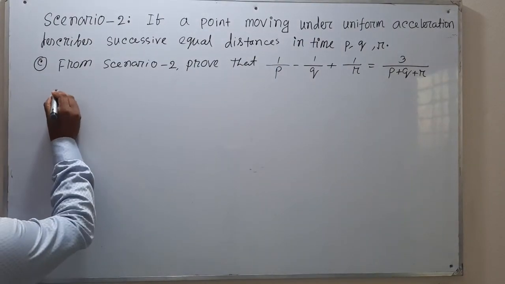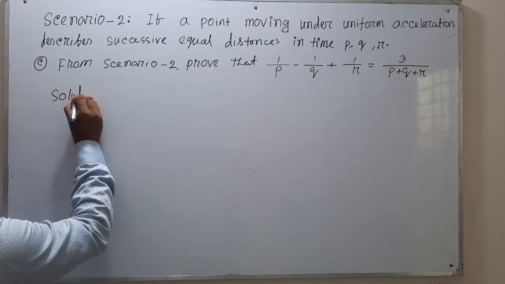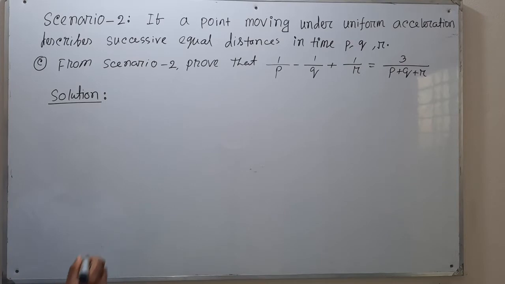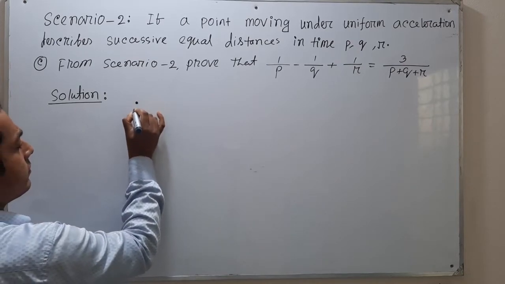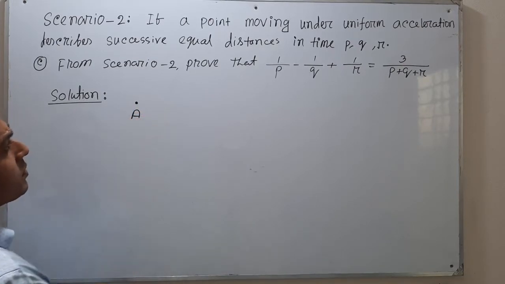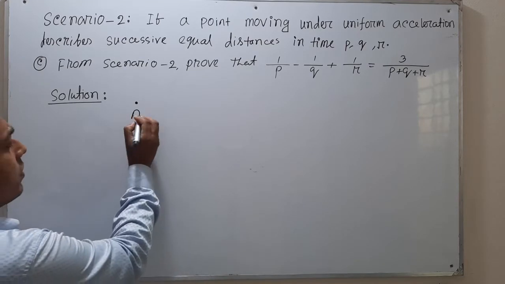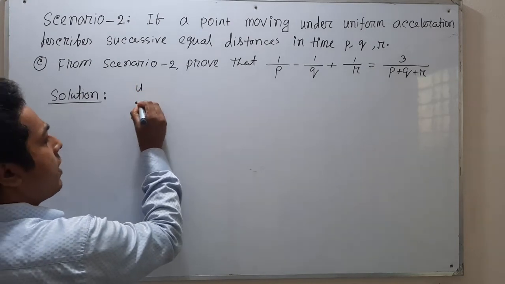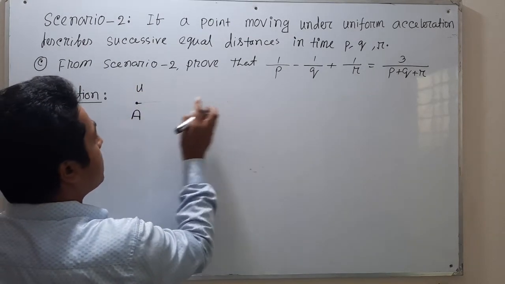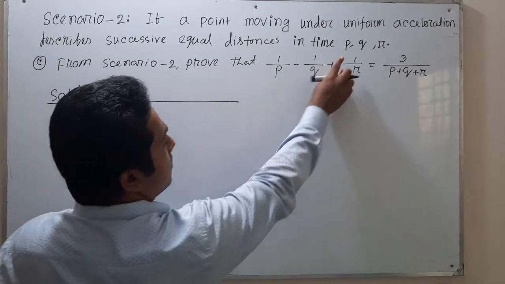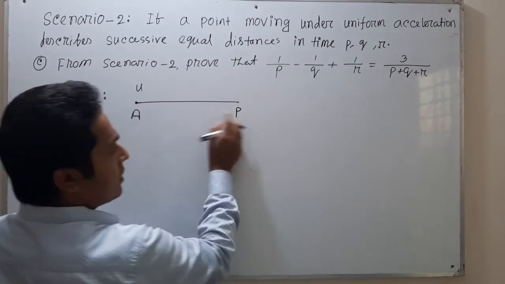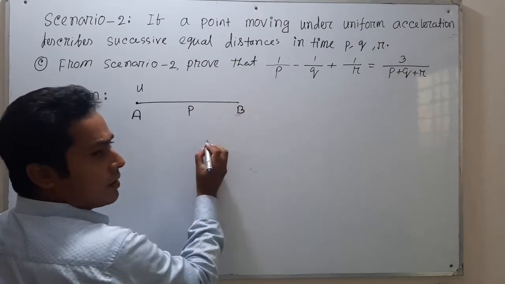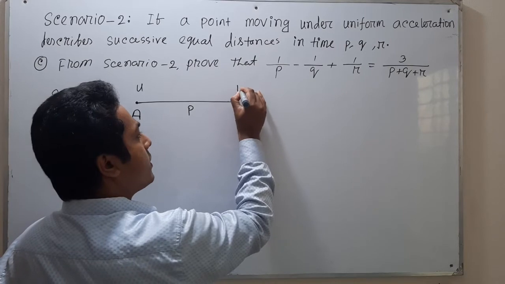So the solution is, we can start from the point A. The point moves from the point A with initial velocity u. After time p, the point is at point B, then the velocity will be u1.